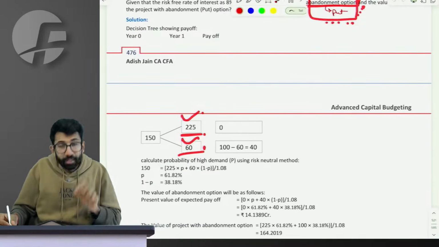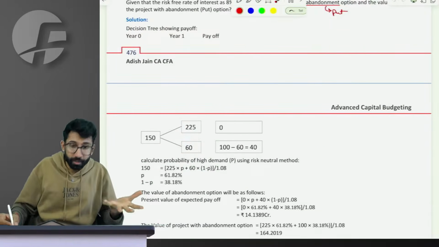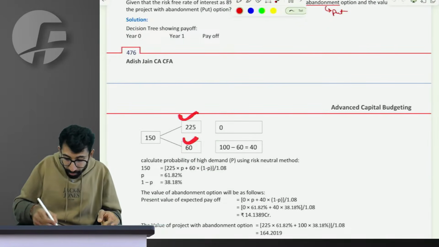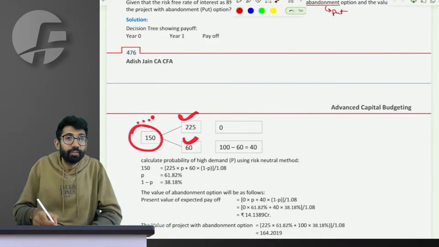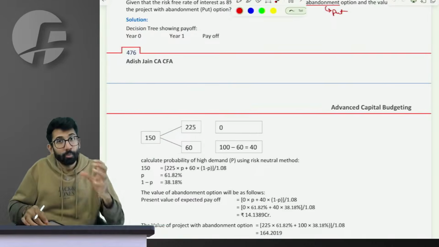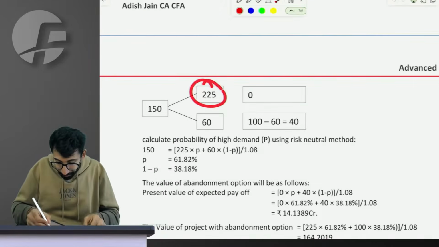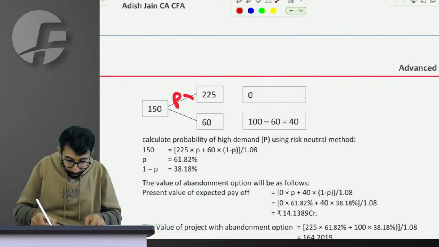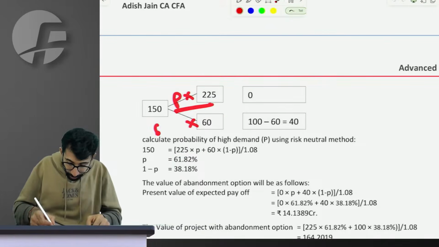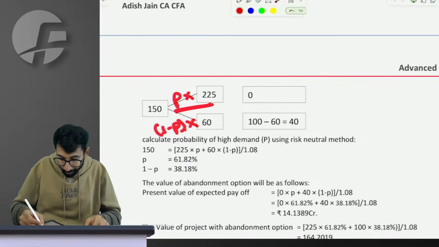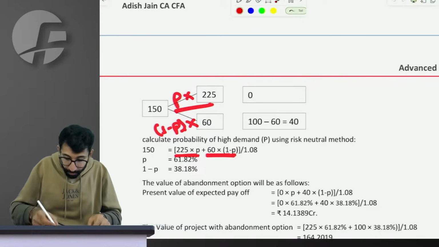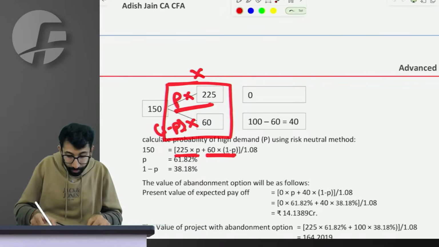So first of all, the underlying asset, which in the next year can become 225 and 60, despite the price in the market today being 150, then what are the probabilities? Apply the risk neutral model. Suppose the probability of the price of the underlying asset becoming 225 is P. Then the probability of the price becoming 60 is 1 minus P. So 225 into P plus 60 into 1 minus P is the value of the asset after a year.